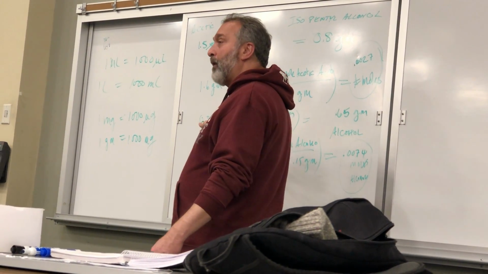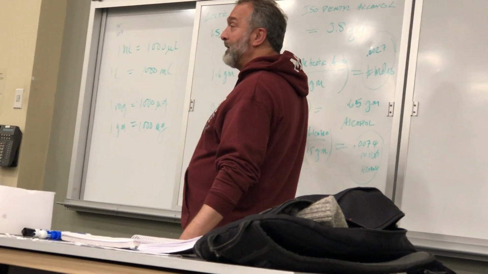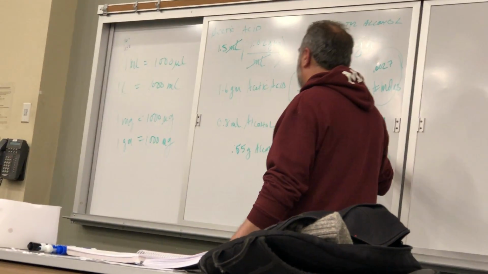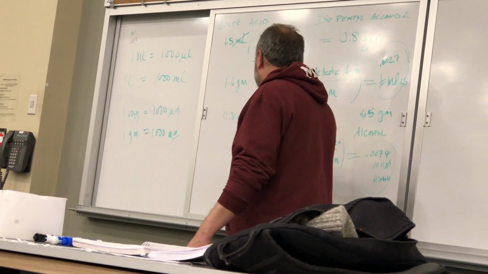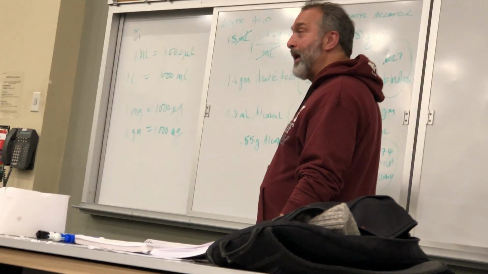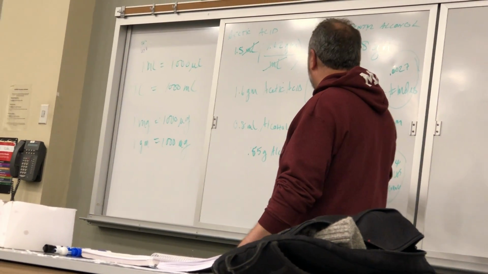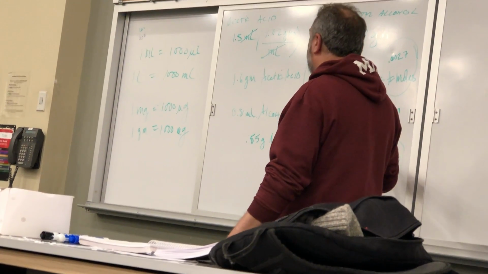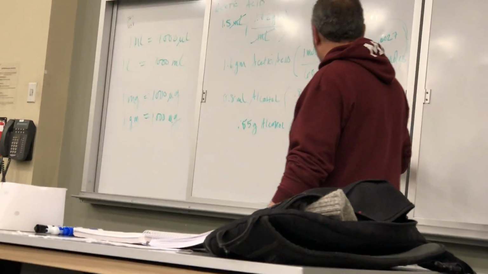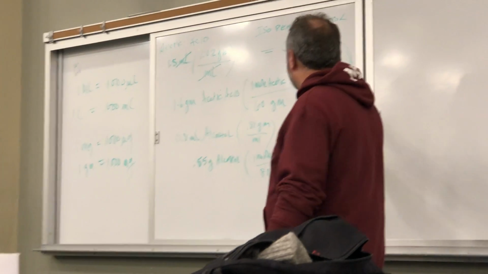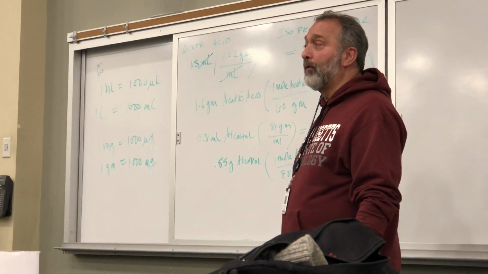You start out with the volume of alcohol, you multiply by the density, which will be given to you. That gives you the grams of the alcohol. The grams of the alcohol multiplied by the inverse of the molar mass of the alcohol, so it's a mole per grams of the alcohol. That gives you the number of moles of the alcohol. Whichever of these two is the lesser quantity, that's the number of moles of the product that you can make.